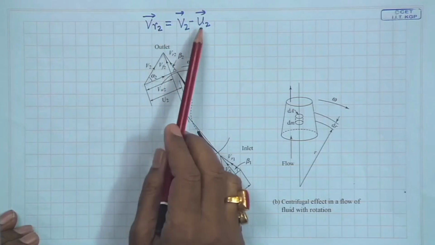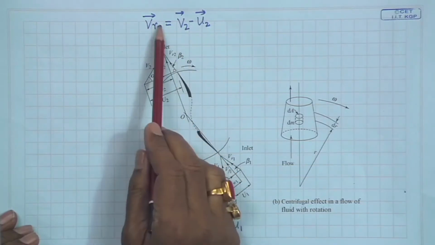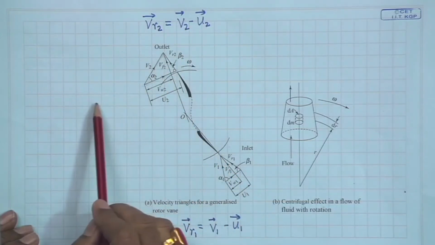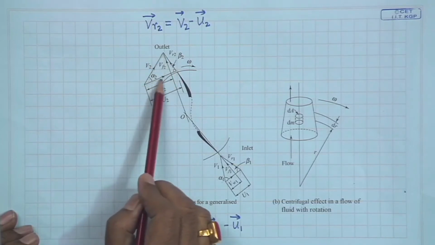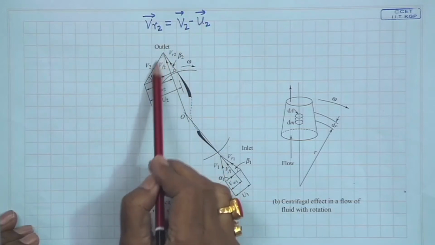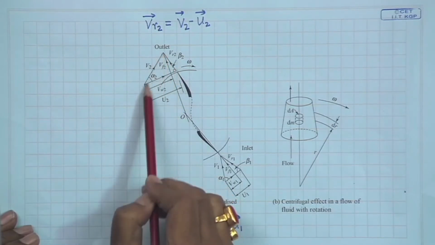Always we will write this, and this is one simple way to understand. If you take U2 here, VR2 plus U2 will be V2. You see in the triangle, VR2 plus U2: this is VR2, this is U2. That means U2 and VR2 are in the same direction. If they are added, we get V2 in the opposite direction as the resultant velocity. That way you can understand this vector triangle.